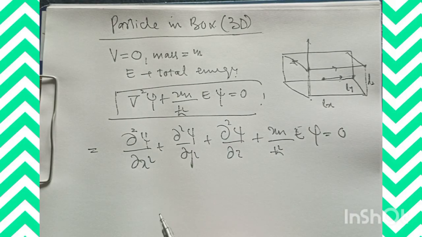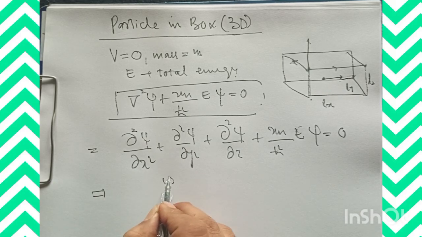And we can see here that this psi is a function of x, it's a function of y, and it's a function of z, and we would again like to use the variable separable approach that we had used in the previous video, where we were subjecting Schrodinger's wave equation to a free particle, a particle which is absolutely free, where there is no potential at all.